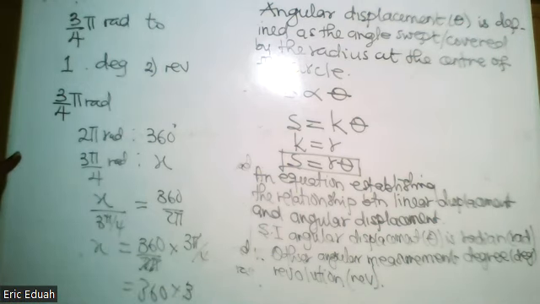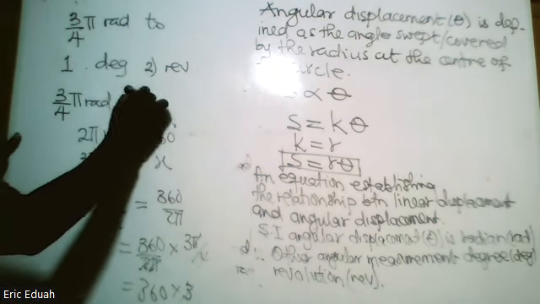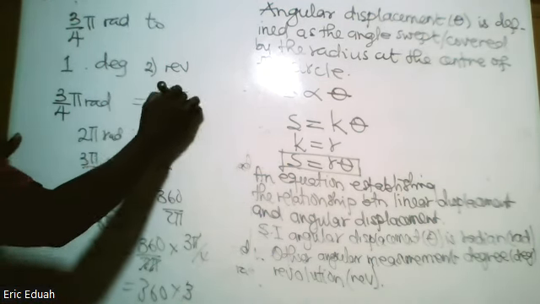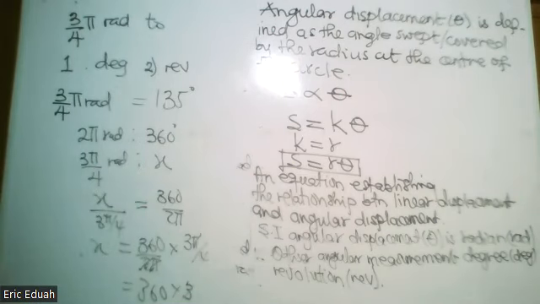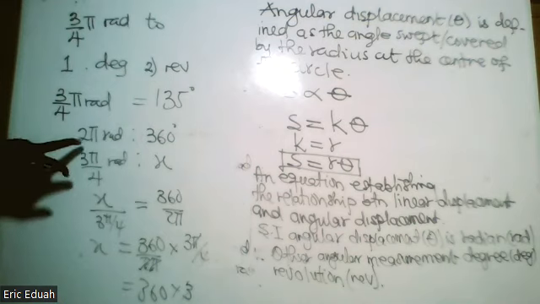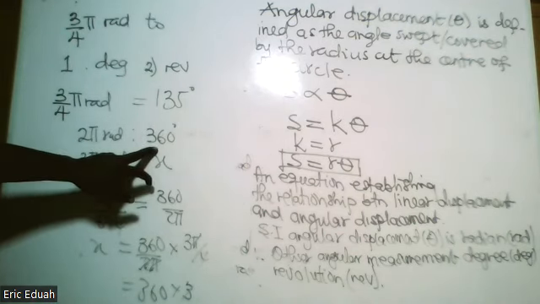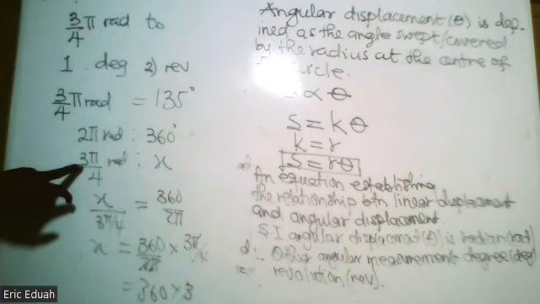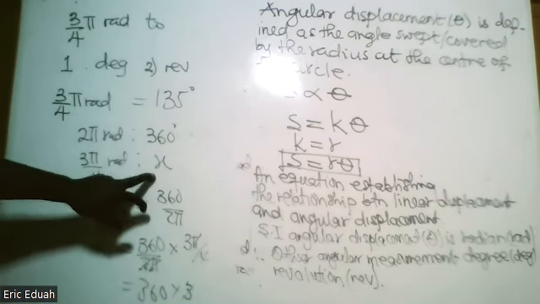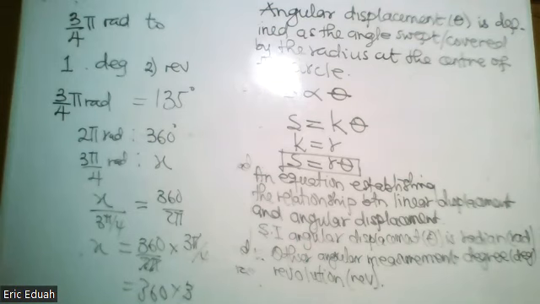Okay. What did we get for degree? We had 135, right? Yes, please. So if 2 pi is to 360, then 3 pi on 4, we don't know. We are equating it to x.